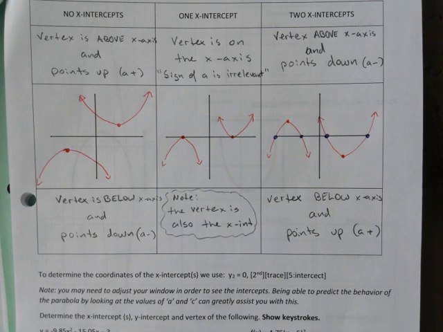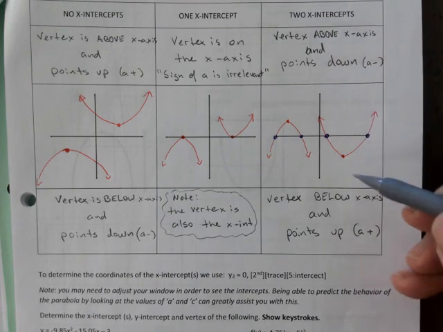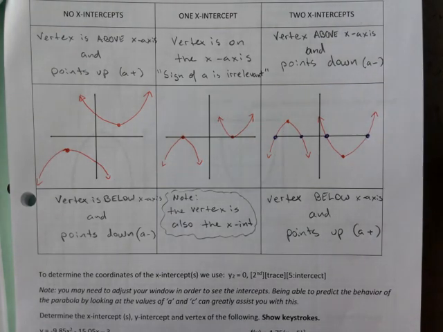How do you know the vertex is above or below the x-axis? What value of the coordinate would you be looking at, the x or the y? The y, right? So don't tell me if the vertex is positive. Tell me if the y value of the vertex is positive, you know it's above, right? I don't want to make this too busy, right?